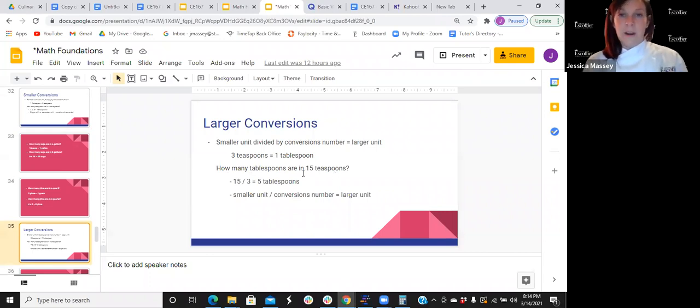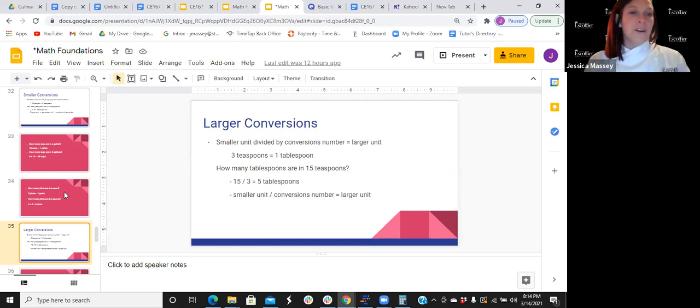So when it's a smaller number and your smaller unit and you're looking to get a bigger unit, that is when you divide. Gosh, I'm a math person through and through, if you can't tell.